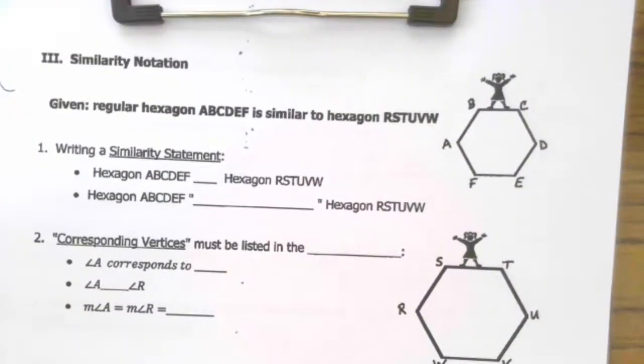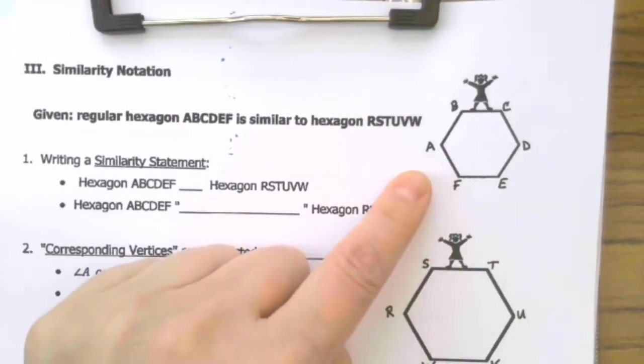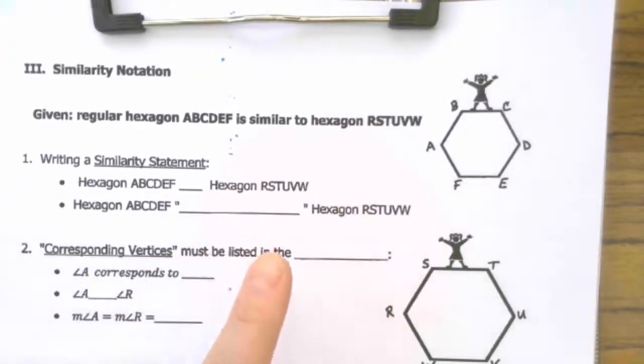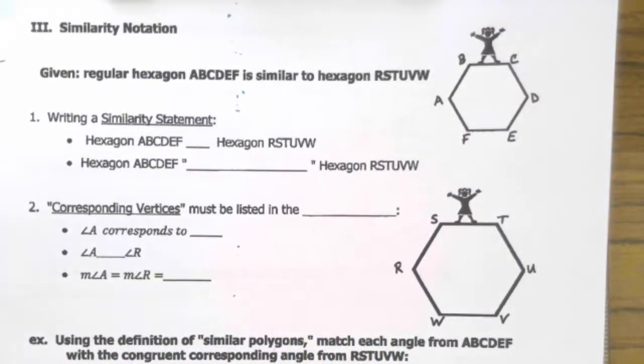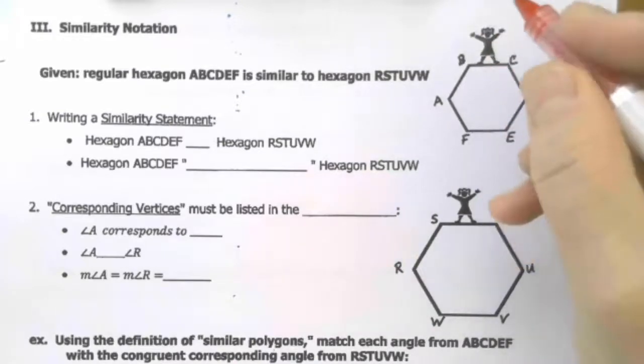Similarity notation. Given regular hexagon ABCDEF is similar to regular hexagon RSTUVW. So how do you write a similarity statement? Okay, so when you write a similarity statement, you have to start with matching angles.